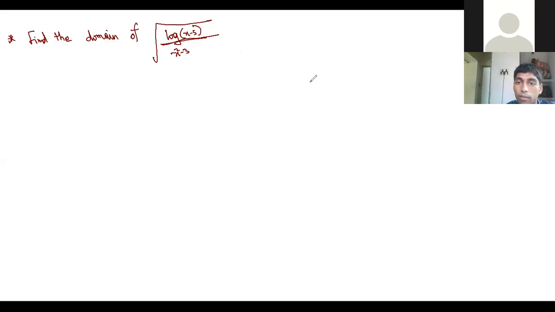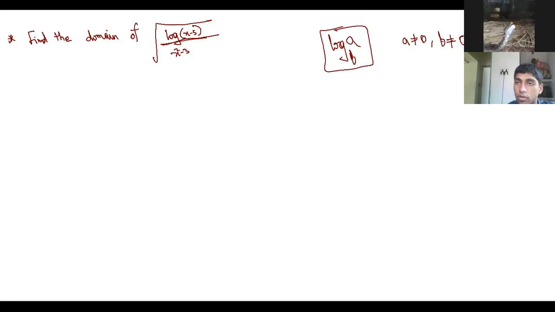Now log, we already completed logarithms. In logarithms, there are two important conditions. Everyone remembers? Log a to the base b. What are the conditions of a and b? A is not equal to 0. And b? B is not a negative number. Non-negative, not equal to. Anything else?